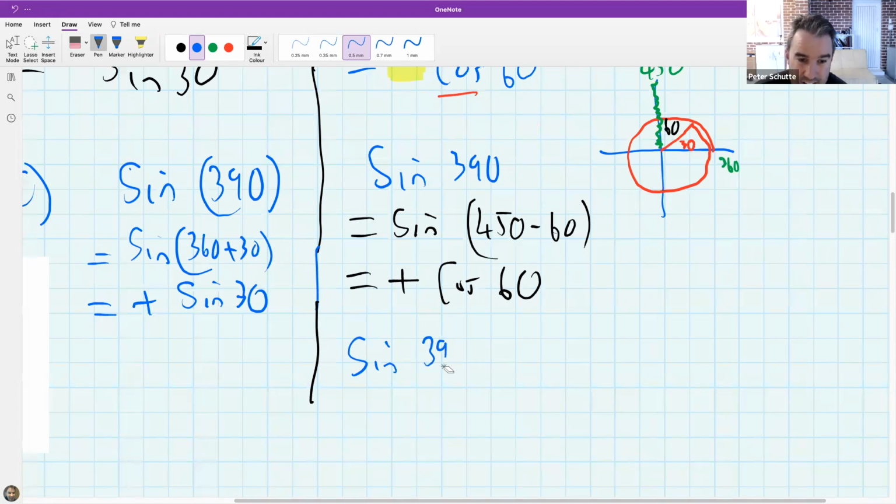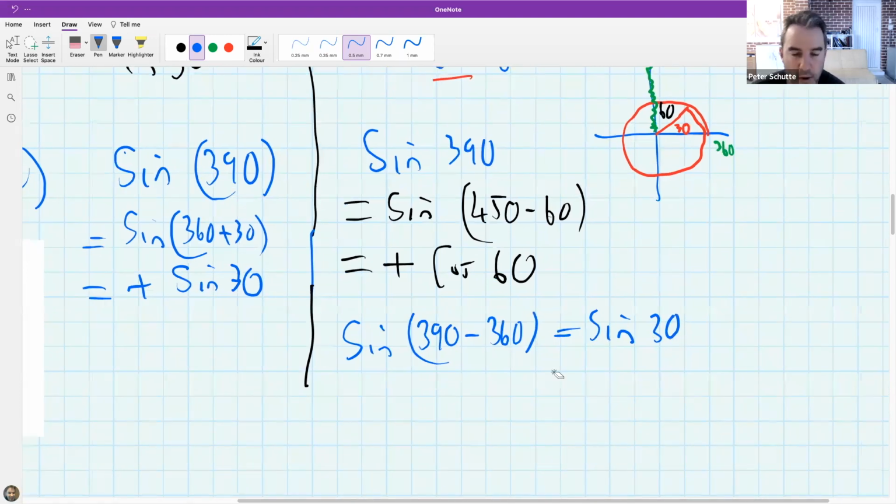So you could say 390 minus 360, so it would be the sine of 30, because you can always take away 360 and it's not going to change the trig ratio. And then you could say, well, in that quadrant it's going to be positive, how far away is 30 from the nearest vertical? It's just 60 away. And you get that. So you could also do it like that.